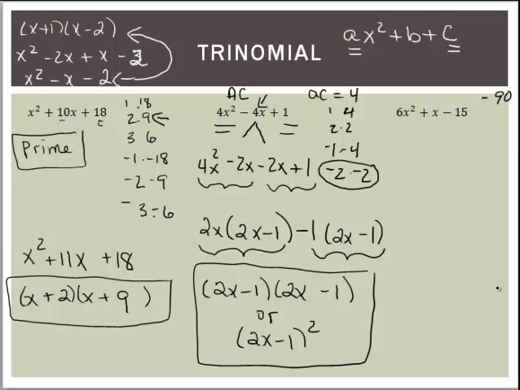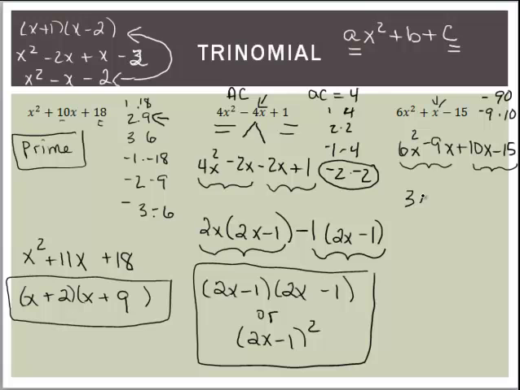You could list all of them out. I happen to know it off the top of my head, amazingly. So we have negative 9 times 10. That will give us the negative 90, and if you add them, you get a positive 1. So split the middle term into negative 9x and positive 10x. Bring down the 6x squared and bring down the negative 15. Group them.